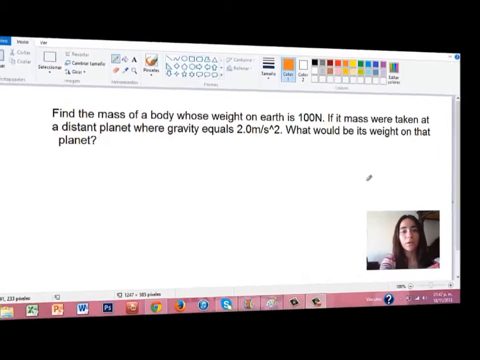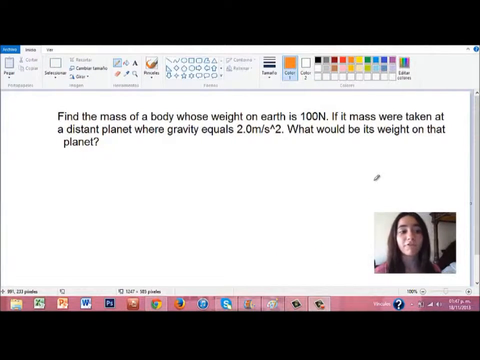We're going to make an example. The first problem says: find the mass of a body whose weight on Earth is 100 newtons. If it were taken to a distant planet where gravity equals 2.0 meters per second squared, what would be its weight on that planet? So first, we're going to write the things we have.